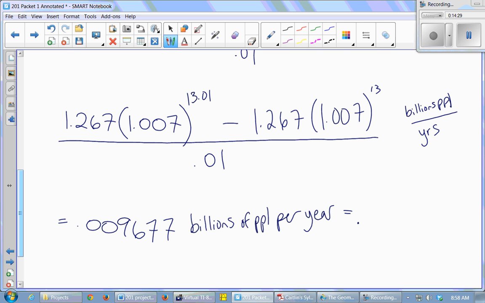So if I answer this in millions of people per year, I'd have 9.677 million people per year. So that's really fast. Almost 10 million people per year is what the population of China was growing at in the year 2013.